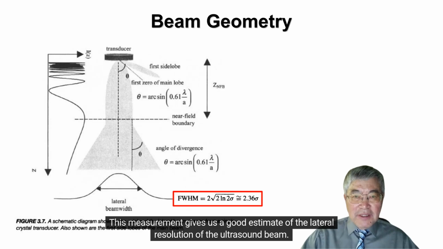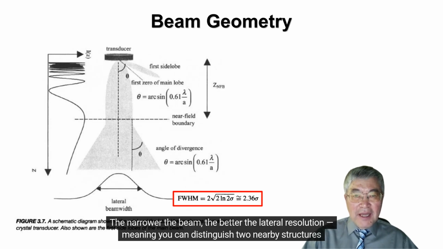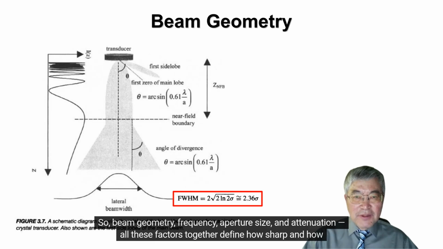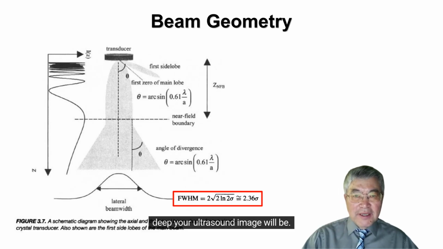This measurement gives us a good estimate of the lateral resolution of the ultrasound beam. The narrower the beam, the better the lateral resolution, meaning you can distinguish two nearby structures more clearly. So, beam geometry, frequency, aperture size, and attenuation, all these factors together define how sharp and how deep your ultrasound image will be.